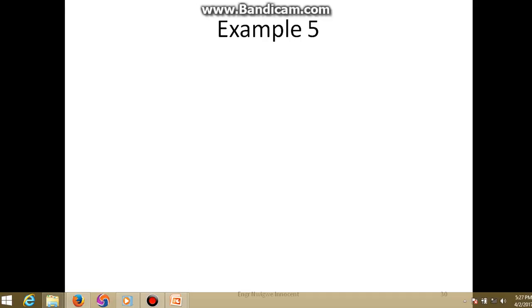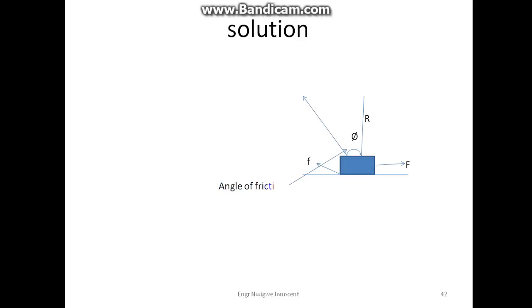Then the normal reaction R will be acting at a 90 degree angle. If you draw the resolution, it will form a right angle triangle from the body of mass.